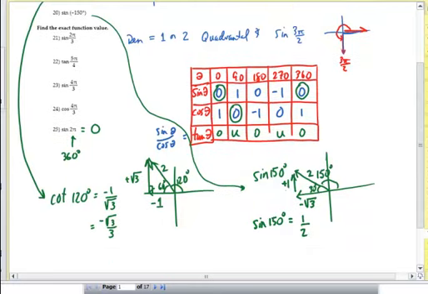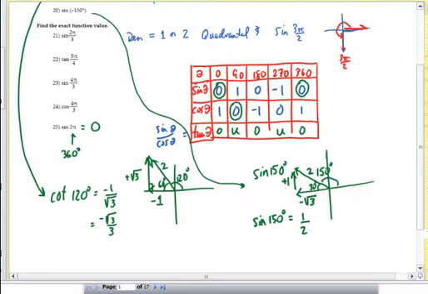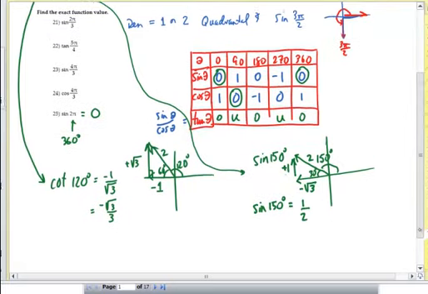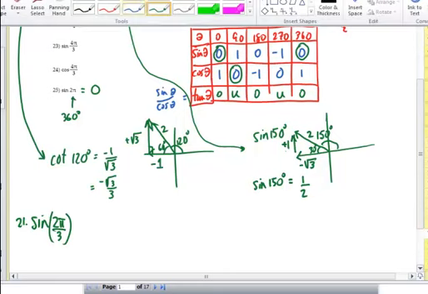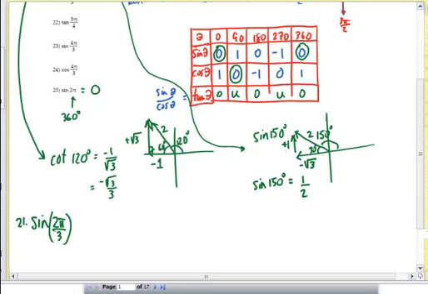Let's take a look at how we take care of the sine of 2π/3, number 21. Now this is a little bit different because we're dealing with radians, and I've told the class that radians are actually easier than degrees because the denominator gives away the reference angle.